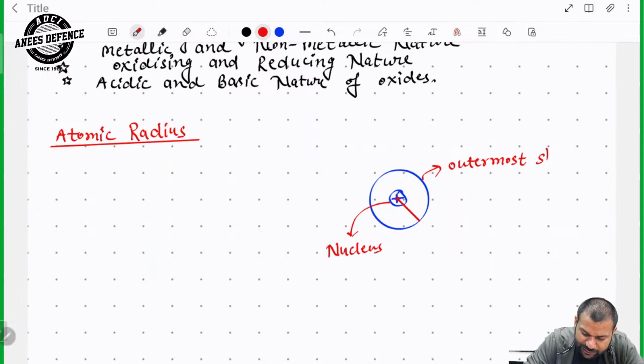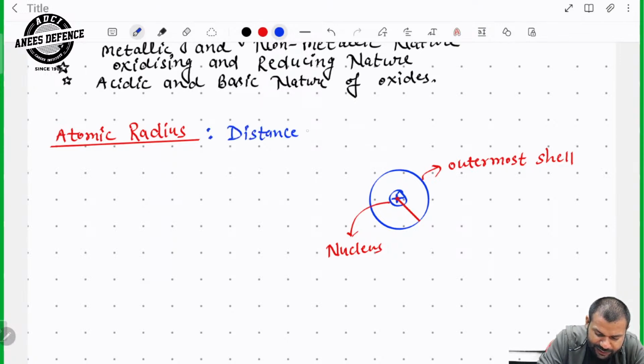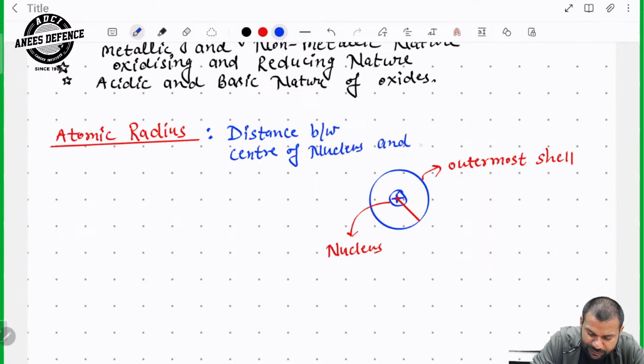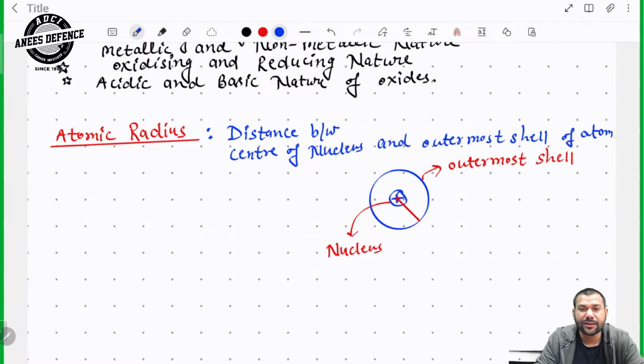That is known as atomic radius. So we define atomic radius as the distance between the center of the nucleus and the outermost shell of the atom.